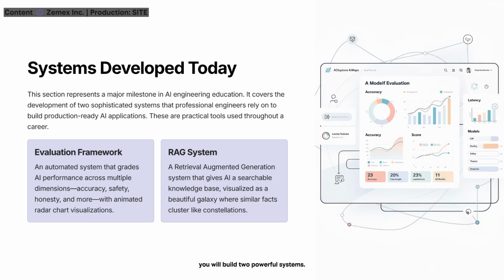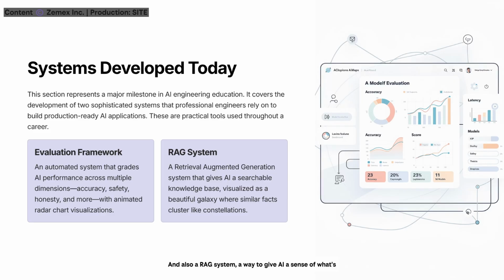So today you will build two powerful systems. You'll have these extra tools in your toolbox to use if you want to become an AI engineer. One is an evaluation framework, a way to automatically grade AI on multiple dimensions like accuracy, safety, honesty, etc., and visualize the results with an animated radar chart, which will be really helpful for you to evaluate.